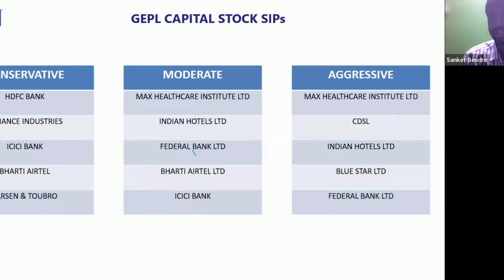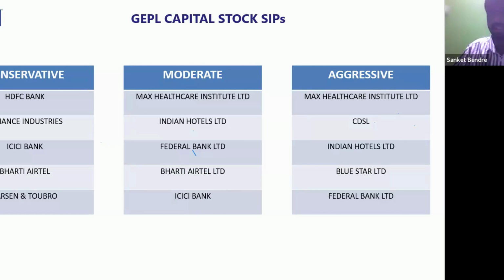These are for investors who want to take a moderate amount of risk, who do not want to take extreme risks and who do not want to miss the opportunities in the mid cap sector. For such investors, we are recommending the moderate portfolio. Companies such as Max Healthcare, Indian Hotels, Federal Bank, Bharti Airtel, and ICICI Bank are some of the stocks which we have jotted down for our moderate investors.